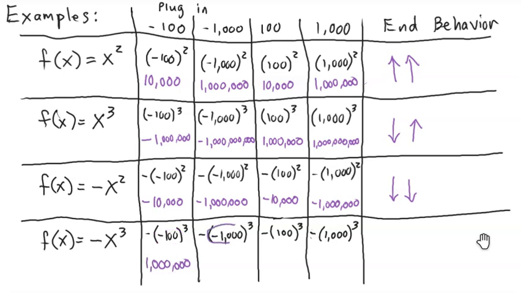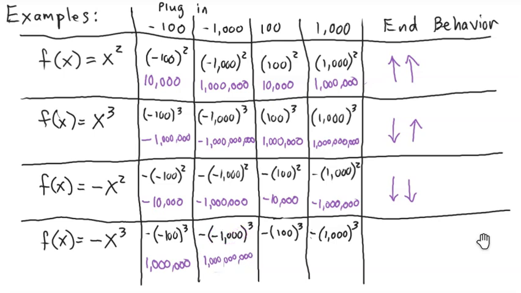Okay, and so now we'll plug in negative 1,000 into negative x cubed. Now up here, when we plugged in negative 1,000 cubed, we got negative 1 billion. But we're going to do the negative of negative 1 billion, and that's positive 1 billion. And so here, when we plug in a negative number, we get a positive number.